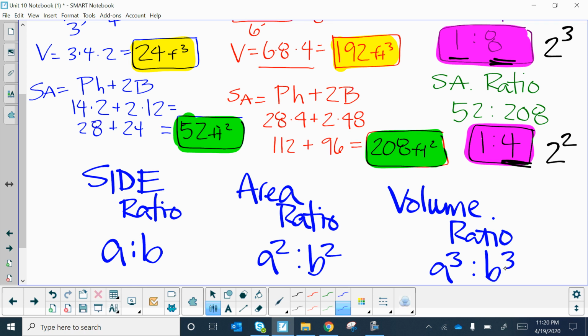And we'll use these ratios later on in a couple of examples. So whenever you're looking for the sides, you got to use this ratio. If you're ever solving for an area, you got to use the area ratio. And if you're ever solving for volume, you have to use the volume ratio.